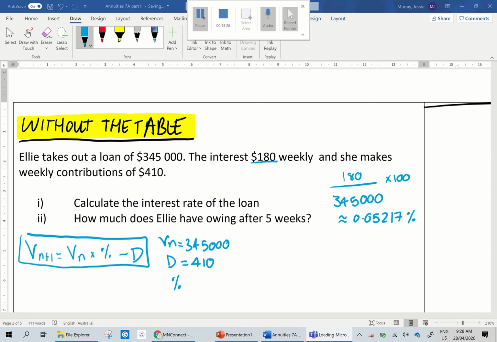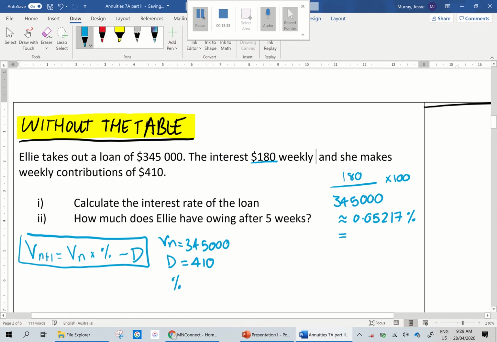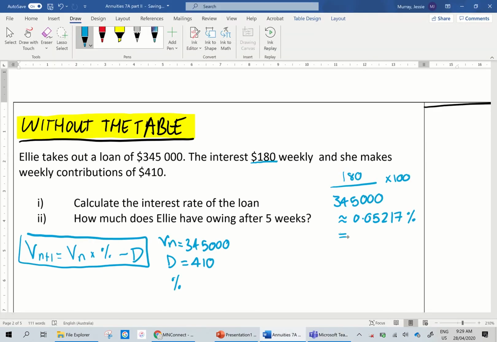I've already times it by 100, so I have my percent there. So I know without the percent per week, this is all to do with weeks, remember, it's going to be 0.000517. So I've just divided that by 100 there, because for part 2 we also need it without the percentage.